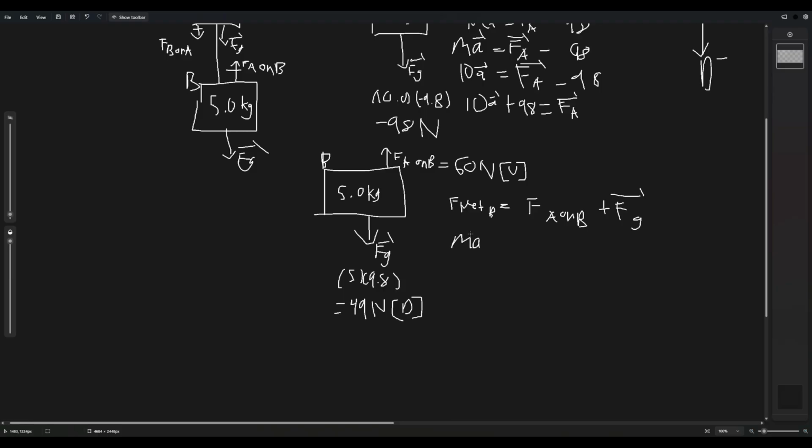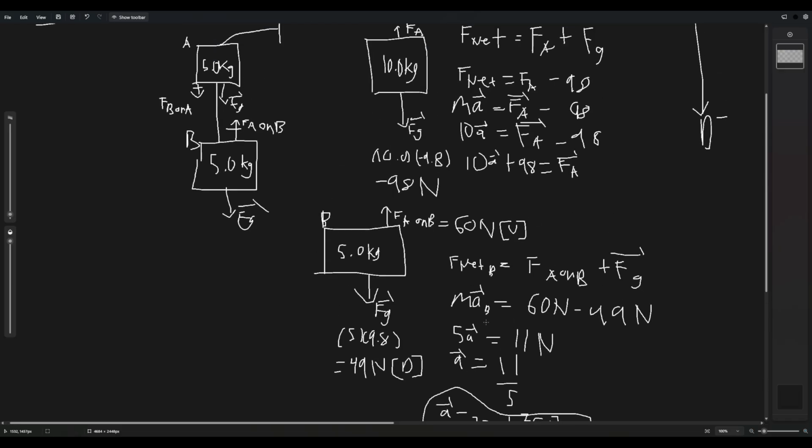You can make this into m a B is equal to 60 newtons, which we got from there, and then minus 49 since down is negative. And we also have the mass, so we can put in 5a is equal to 60 minus 49, which is 11. Acceleration is going to be 11 divided by 5. That's going to be roughly 2.2 meters per second squared up.